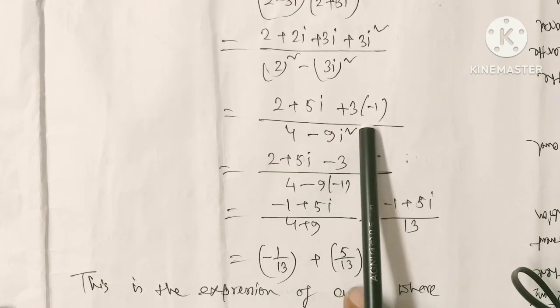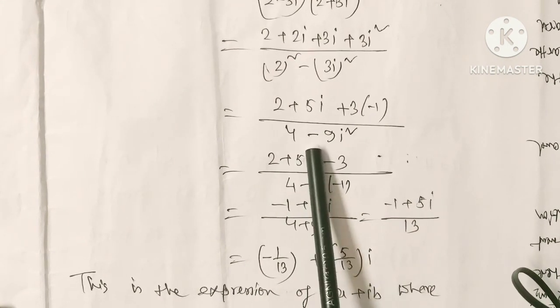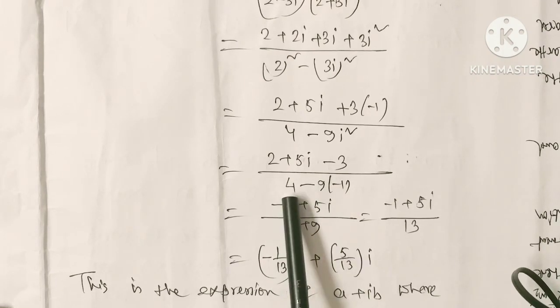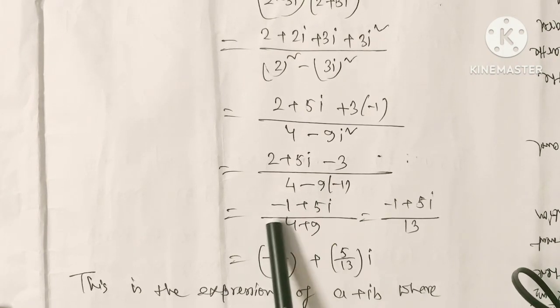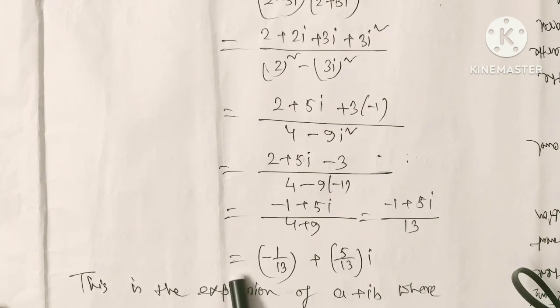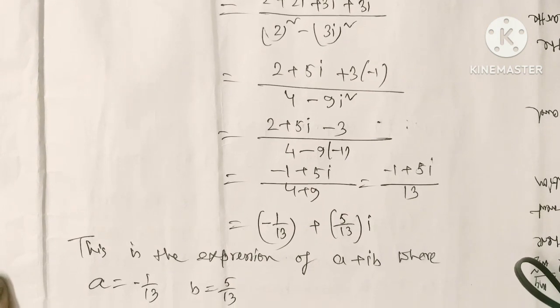That is 2 plus 5i plus 3 into minus 1 over 4 minus 9i square, that is 2 plus 5i minus 3 over 4 minus 9 into minus 1. That is minus 1 plus 5i over 4 plus 9, and it becomes minus 1 plus 5i by 13. This is minus 1 by 13 plus 5 by 13 i, and this is the expression of a plus ib, where a equals minus 1 by 13 and b equals 5 by 13.